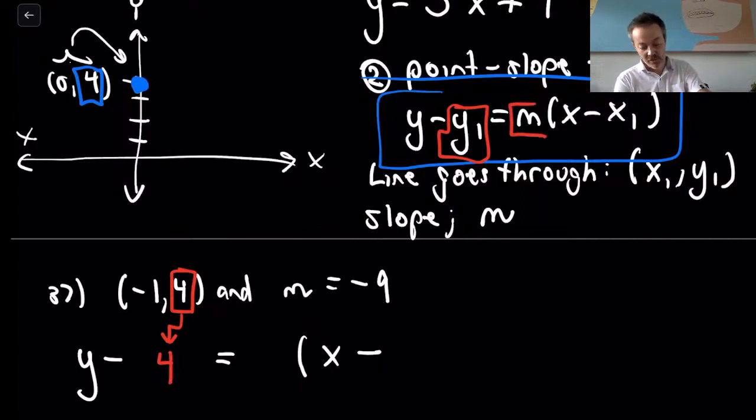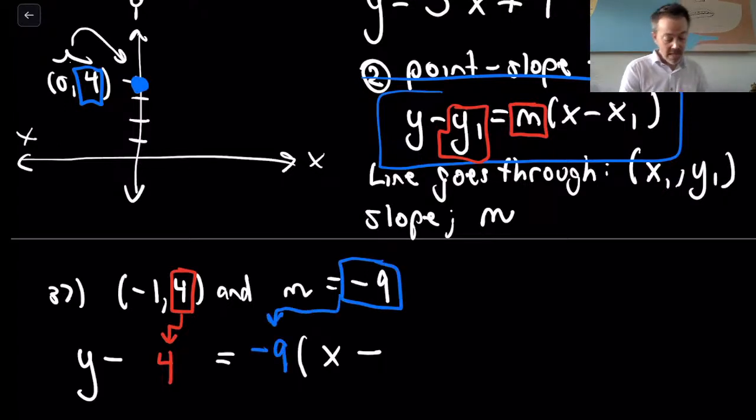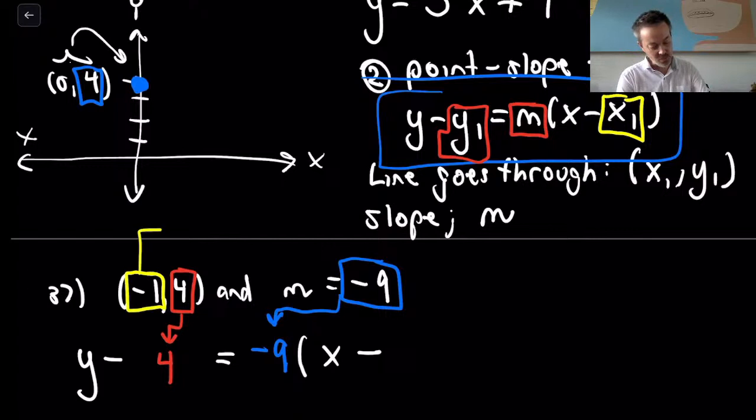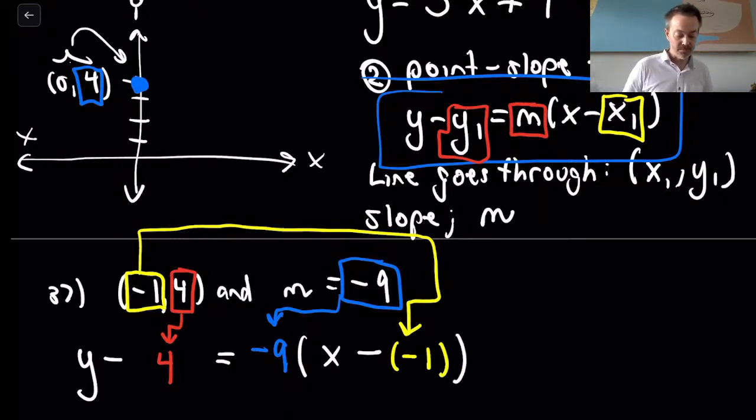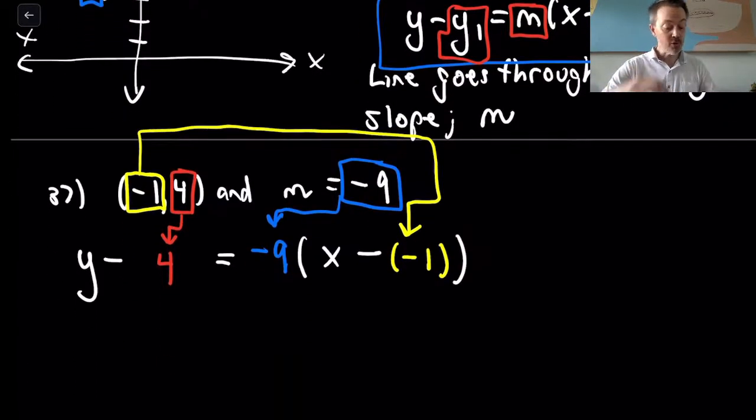Then we've got to drop in the slope, which I already know is negative 9. Then I do the same thing with our value of x sub 1, negative 1. Notice I do have an extra negative that I'm going to account for. That's now filling in the point slope form, and of course, simplified.